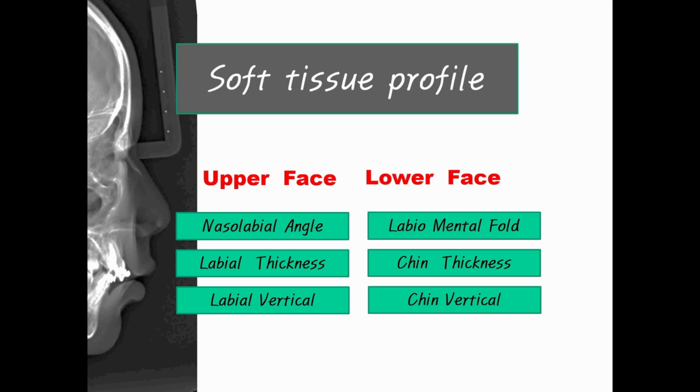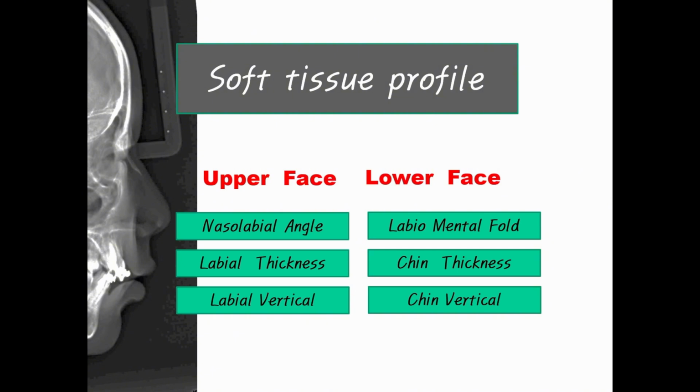But I think if we want to get a more aesthetic face, the angle is composed like this, but we need a vertical line just after the contact. Even if the nasolabial angle is correct within normal, my patient didn't show the labial vertical. I call this the labial vertical, okay?